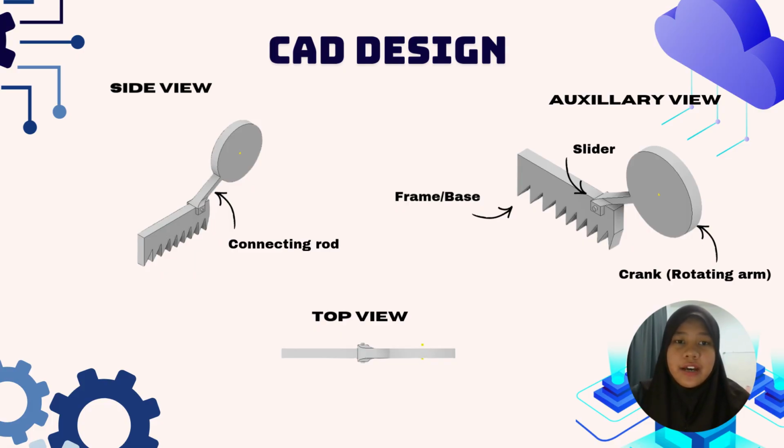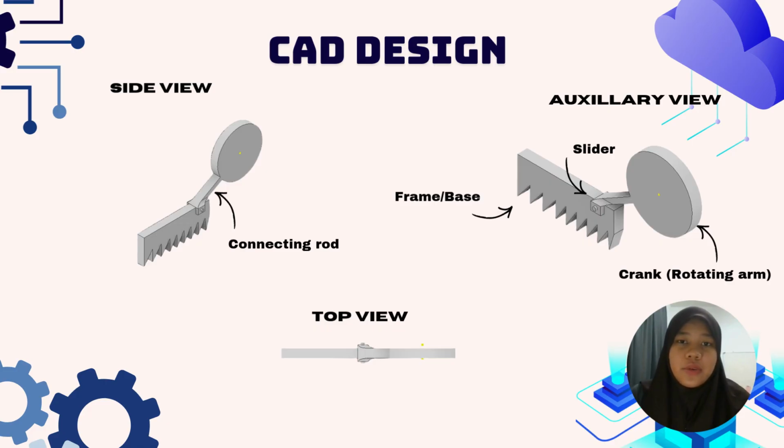First we have the crank, which is a rotating component attached directly to the power source. Then we have the connecting rod, a rigid link that transfers motion from the rotating crank to the sliding component, enabling the conversion of rotational motion into straight line motion.